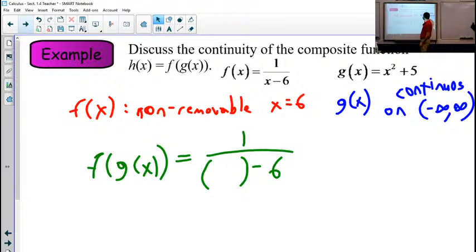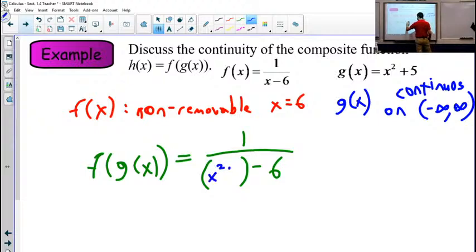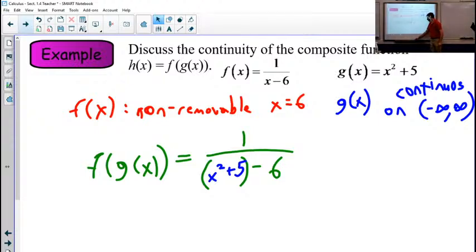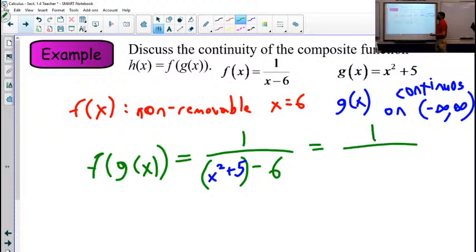We're putting in g of x. g of x is x squared plus 5. x squared plus 5 minus 6 is x squared minus 1.